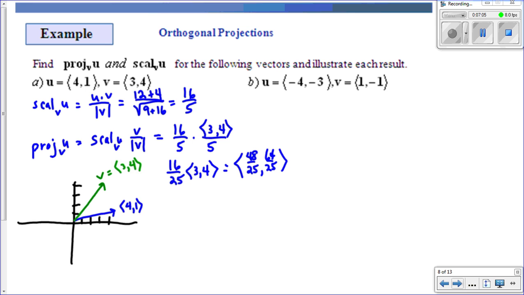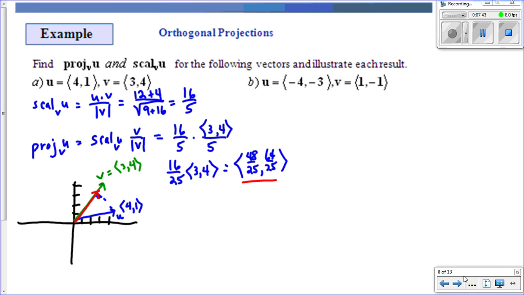To project u onto v, we'll drop a perpendicular straight down to v, and that projection will be the vector starting at the origin and going to where that projection hits. And now 48 over 25, that's around 2, comma, and about 2.5. And that's pretty good, pretty accurate graph.